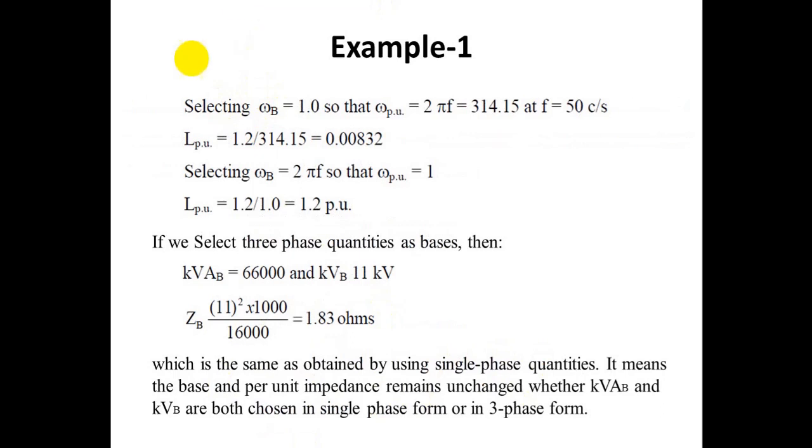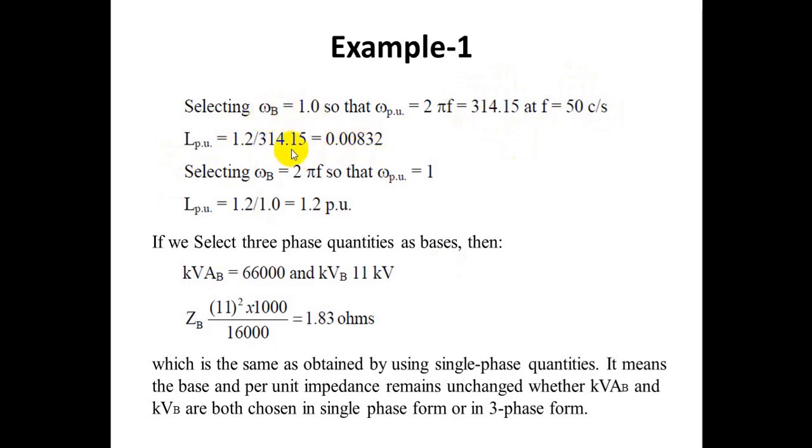Selecting omega base as 1, we have omega per unit equal to 2 pi f, with f equal to 50 cycles per second, and inductance per unit will be equal to 1.2 divided by the per unit value of omega. So this is x over omega, and this is the value of per unit inductance.